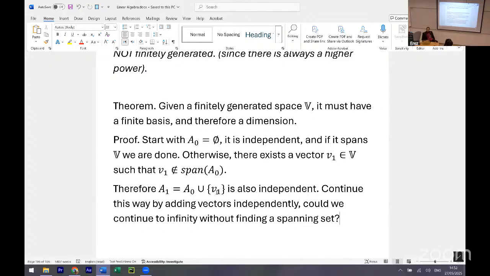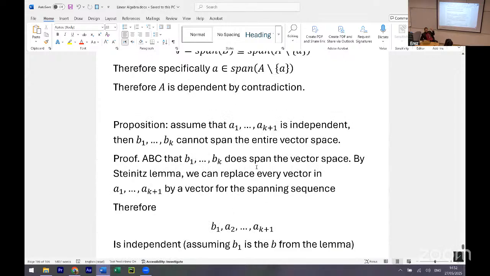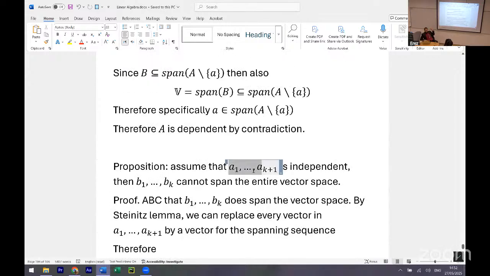Why not? What says that the number of independent elements couldn't be too big? Well, we proved before that if you have k plus 1 independent vectors, then a set of size k could not be spanning.